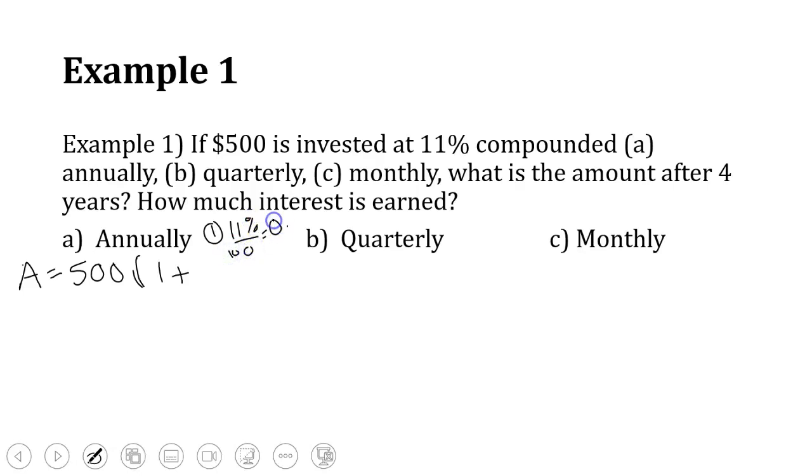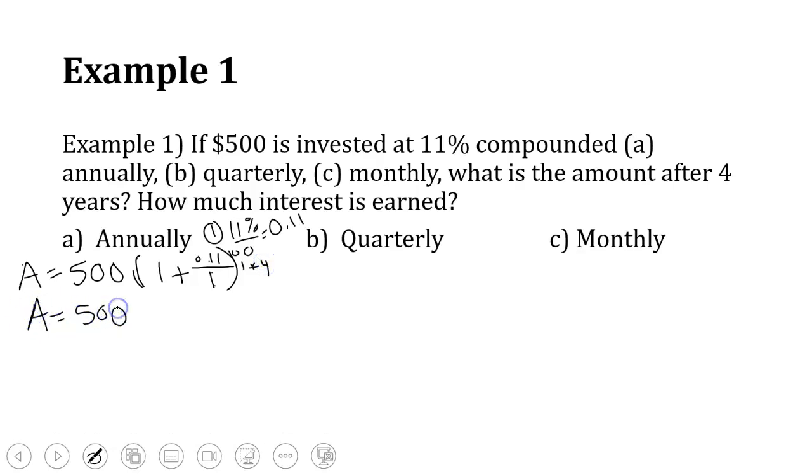And our time is already in years, so we're good. So we have this 0.11 over, what's our compound annually? That's only 1 time. So put the 1, close your parentheses, and then we have a little exponent piece. So N, that's our 1 again, times t, so the 4.